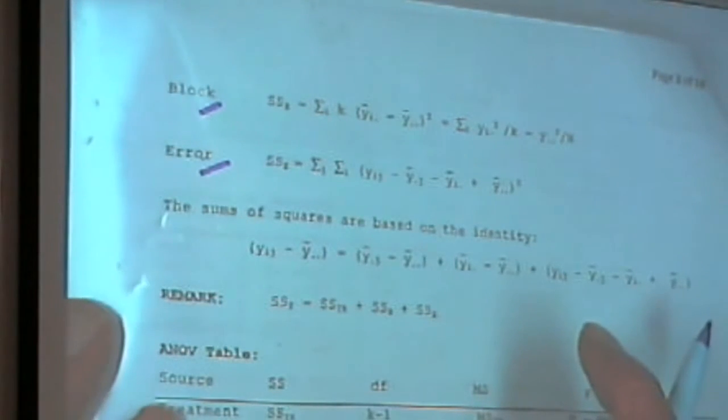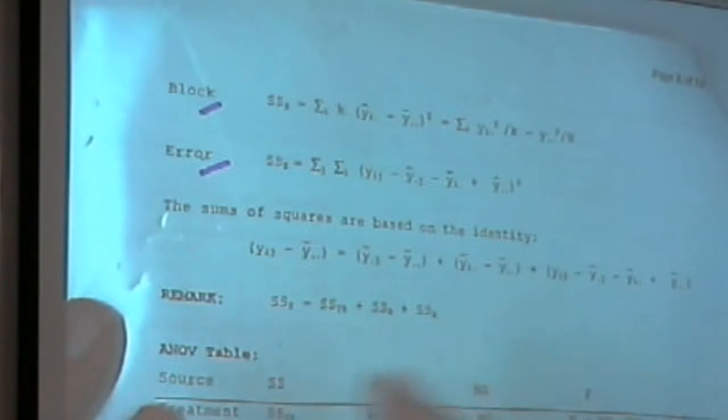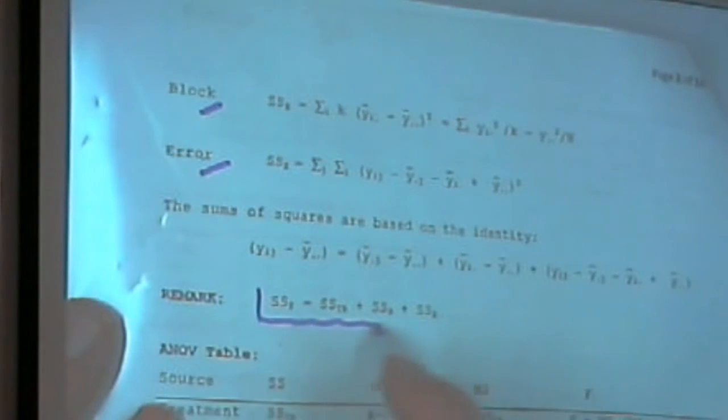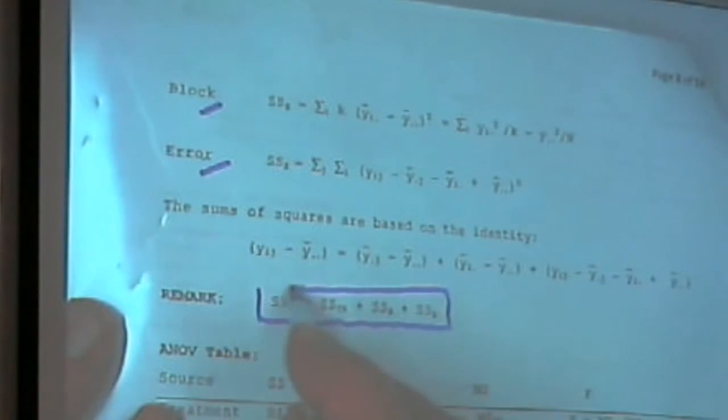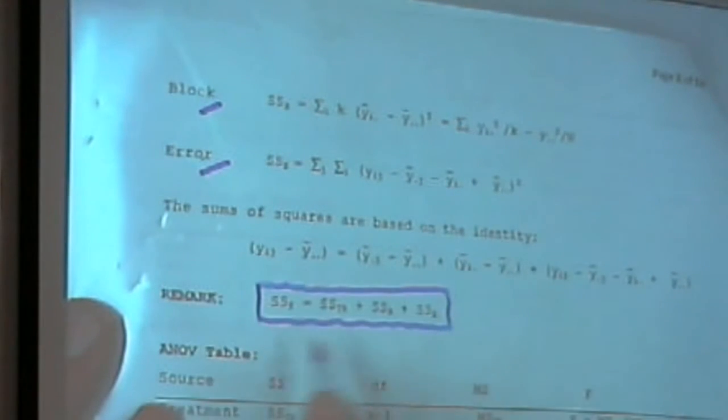We could define it that way, but there's officially a formula for it. And this breakdown of sums of squares: sum of squares total is the sum of those 3 sums of squares.